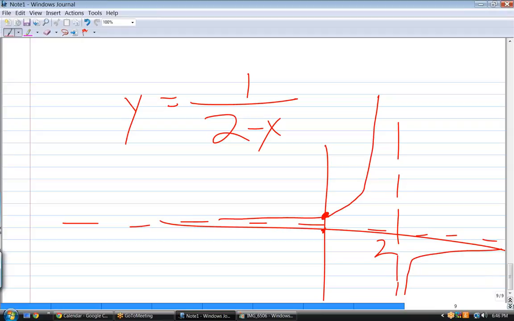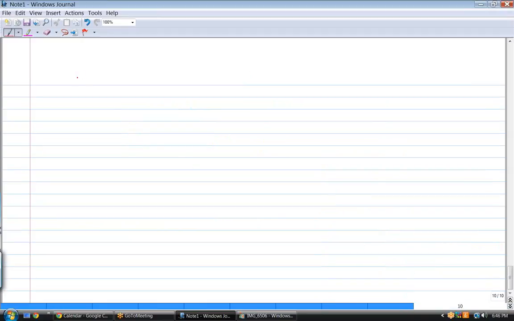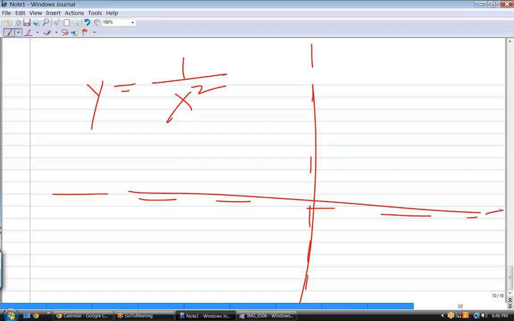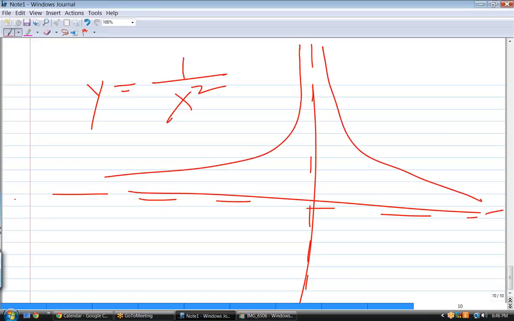Now, having said that, if I change it to a quadratic in the bottom, everything changes. I still have a vertical asymptote at x equals 0 and a horizontal asymptote at y equals 0. But now I'm not in first and third. I'm actually in first and second, like that.